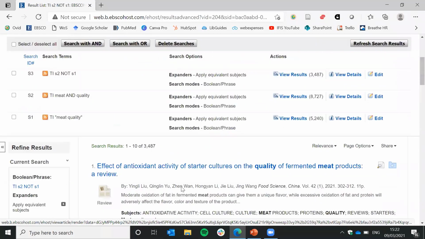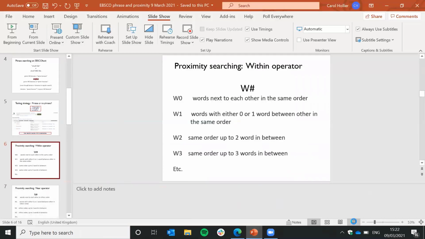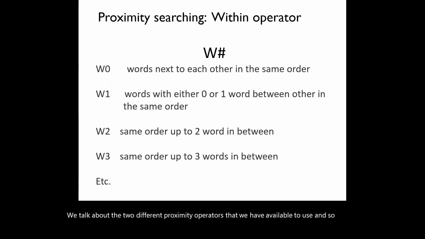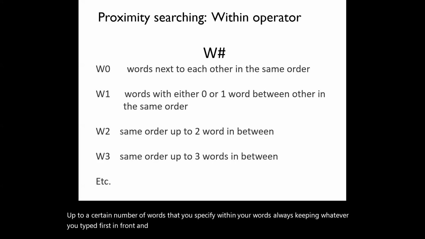So now I'll go back to talk about the two different proximity operators that we have available to use. And so I've mentioned the W, that doing W0 is another way that you can do a phrase search, but you can also use it to insert up to a certain number of words that you specify within your words, always keeping whatever you typed first in front and whatever you type second behind it.